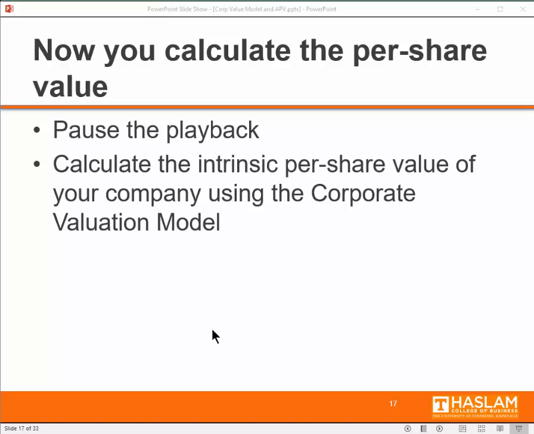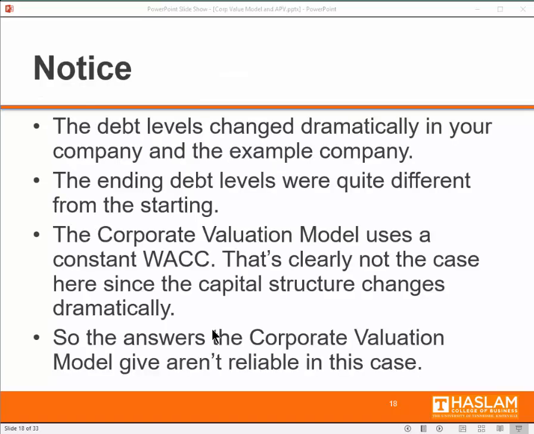And so the company's debt increased substantially in that first year, and then it paid down some over time as the company paid back some of that debt. So the capital structure changed dramatically. The corporate valuation model was not really the appropriate model for this. And so really those numbers that you get, although they aren't too bad for ballpark numbers, are not quite as accurate as you would like.